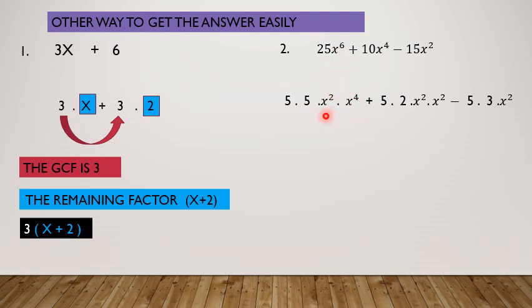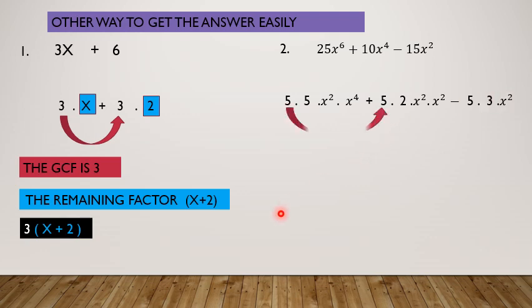Diba? Pag pinag-add. Okay, plus 5 times 2. Ayan, dito kay 10 galing. X raised to the 2. Ang kanyang remaining ay X raised to the 2 ulit. Kasi X raised to the 4 siya. Minus 5 times 3 times X raised to the 2.